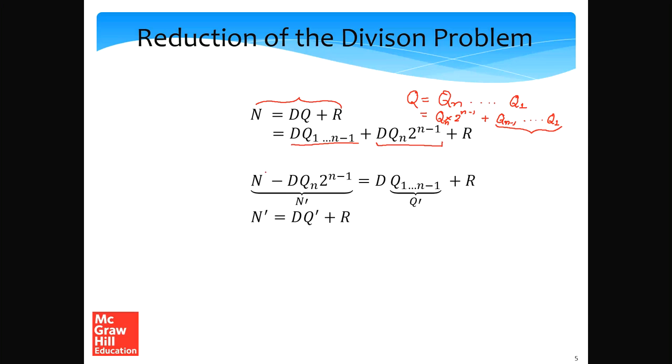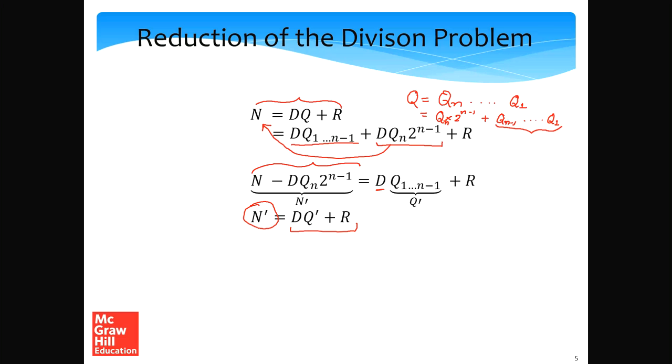Now I can take this term to the left side and have n minus d times qn times 2 raised to power n minus 1 equal to d times, so let the number formed by the first n minus 1 bits of the quotient be called q dash, d times q dash plus r. And let me call the left term n dash.